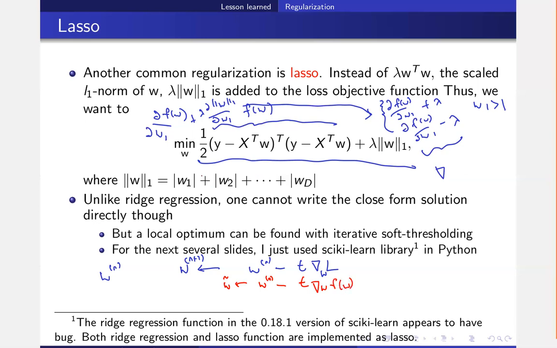So I just take the gradient of the first term here, and then I will do a so-called soft thresholding. So W n plus 1 is equal to W tilde minus T lambda W.